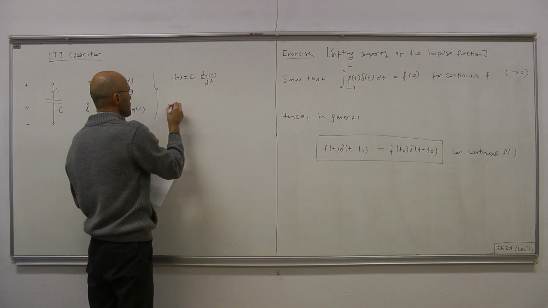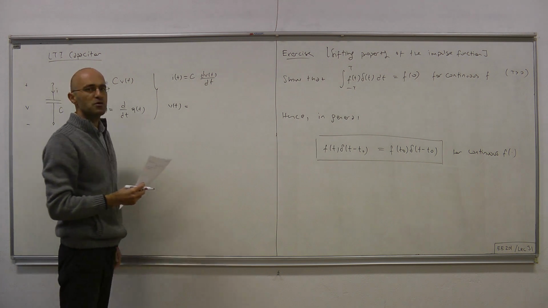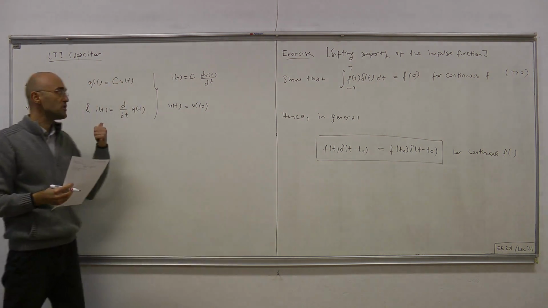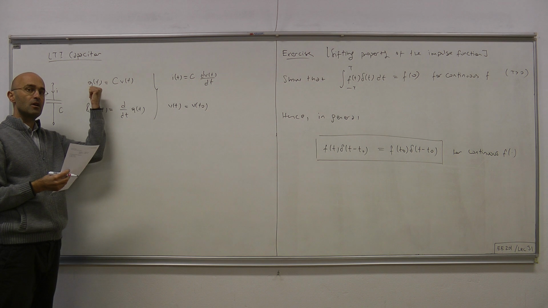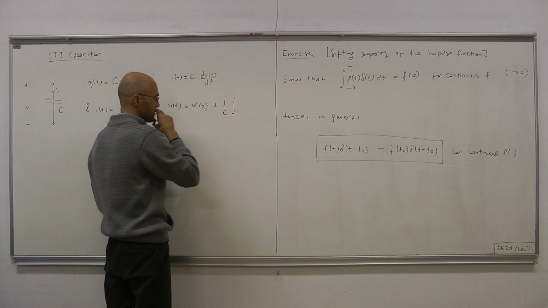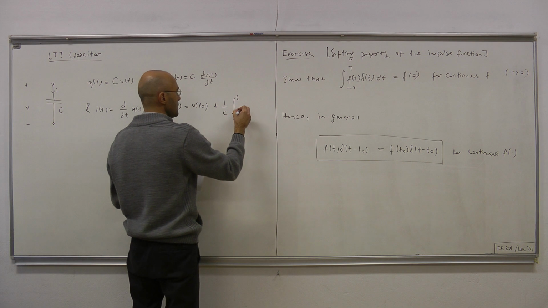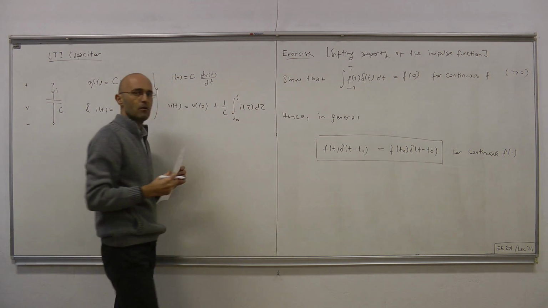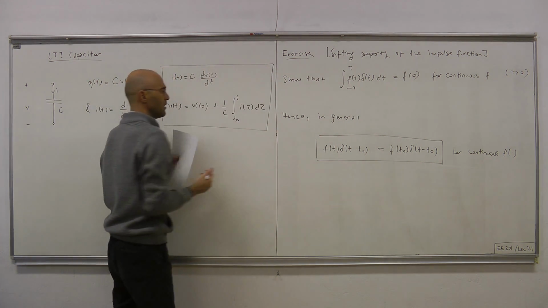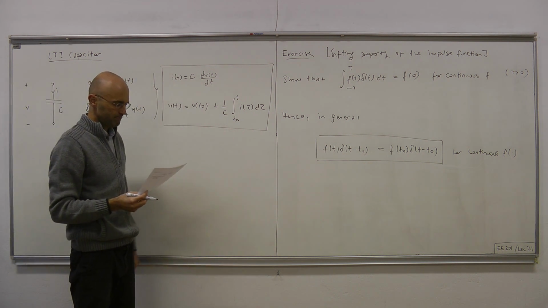Or if you want voltage on the left hand side, then you have to introduce an integral. v of t equals initial voltage, which is related to the initial charge stored in the capacitor, plus 1 over the capacitance, and then you integrate the current, i of tau d tau. So these are two equivalent representations of the terminal equation for an LTI capacitor.